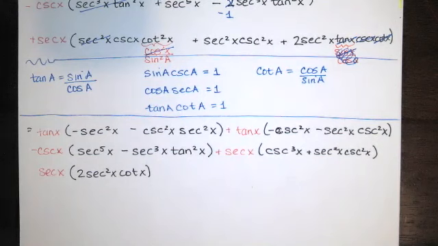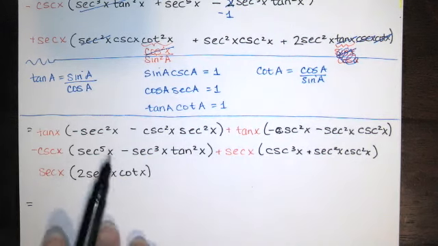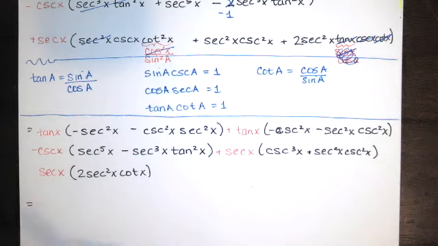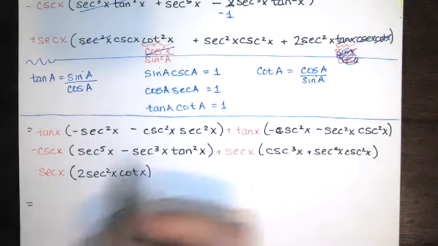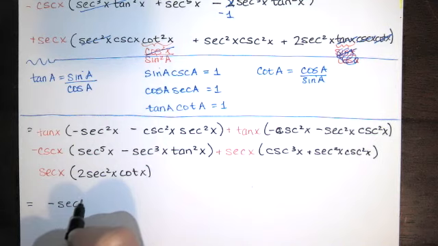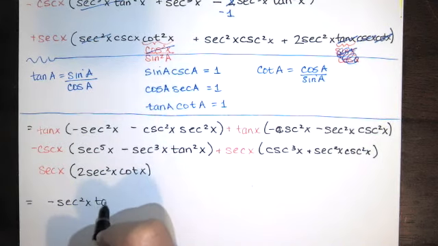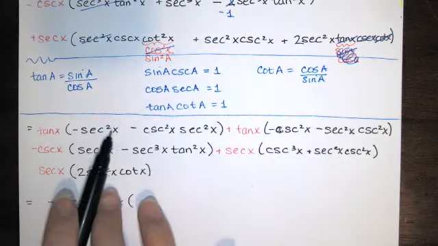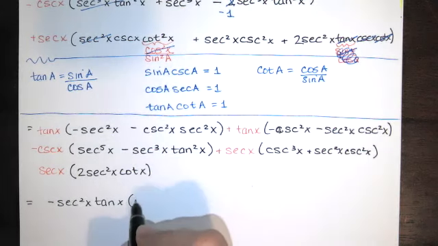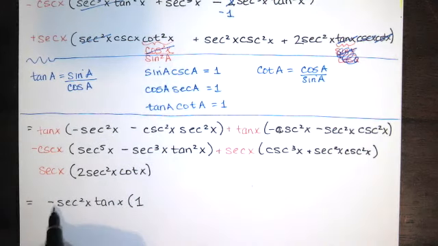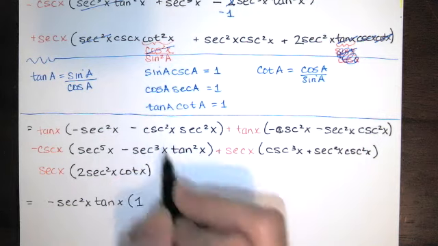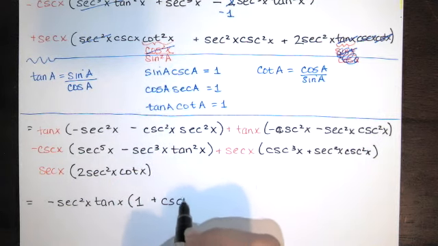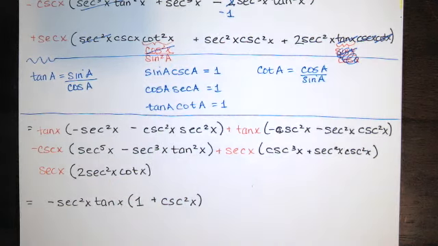Okay, trying to simplify if possible. So what I would recommend we do next is maybe factor out a negative secant squared x from this. So we have a negative secant squared x times that tangent of x. And the secant squared x times a positive 1 would give us this guy. And negative secant squared x times the cosecant squared would give us that guy. Okay.